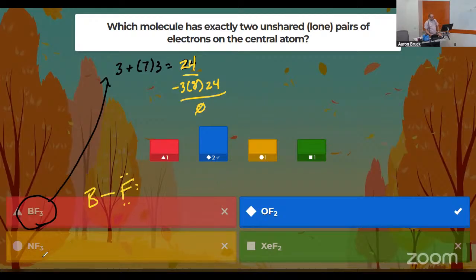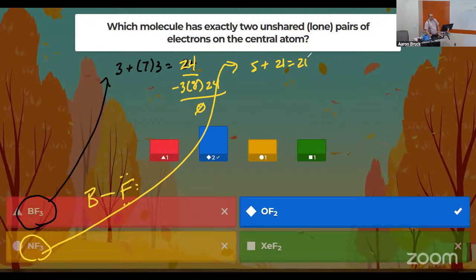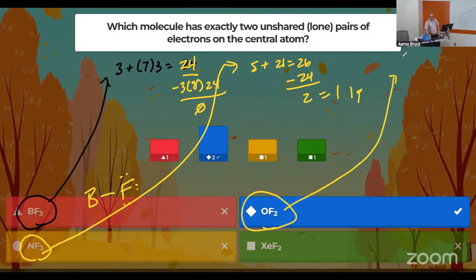I can do the same kinds of things with the other ones. NF3, 5 plus 21 makes 26. If I take away the 24 from the bonds, there are 2 electrons. That's 1 lone pair. I need 2. That's the wrong answer. OF2 is the correct answer. 6 plus 14 is 20.